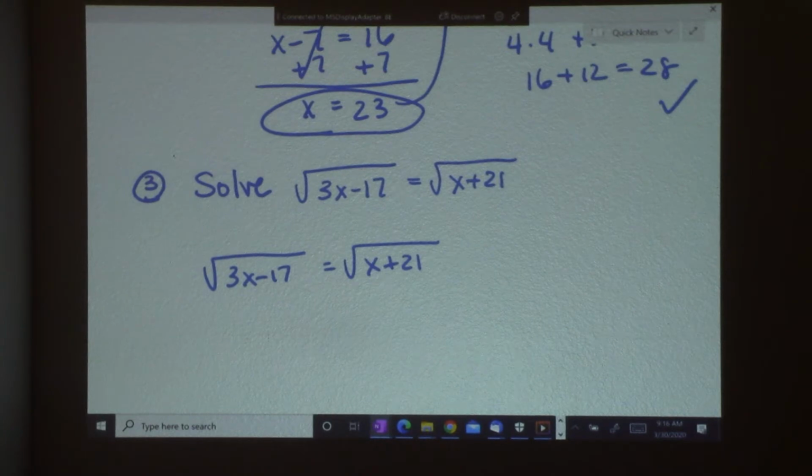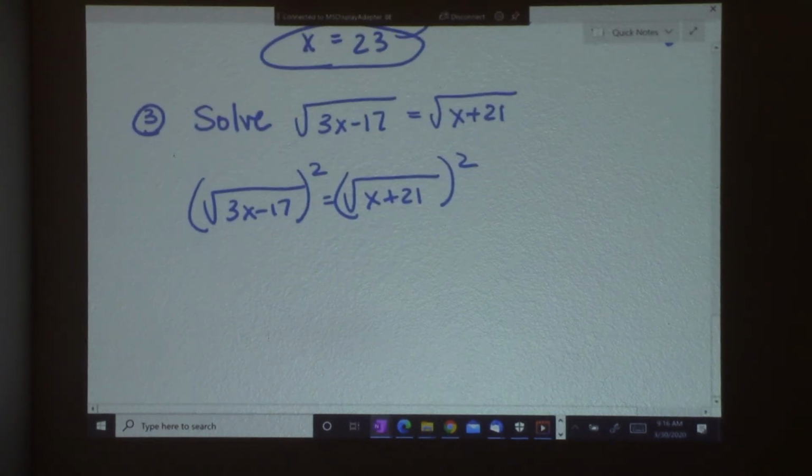It just means that when I square both sides, I will eliminate the square root on both sides. So that becomes a pretty easy algebra problem. 3x minus 17 equals x plus 21. The power of 2 cancels the square root completely.